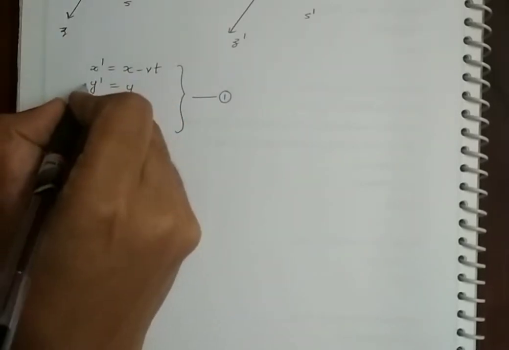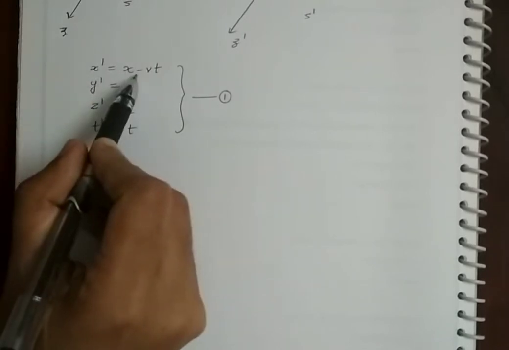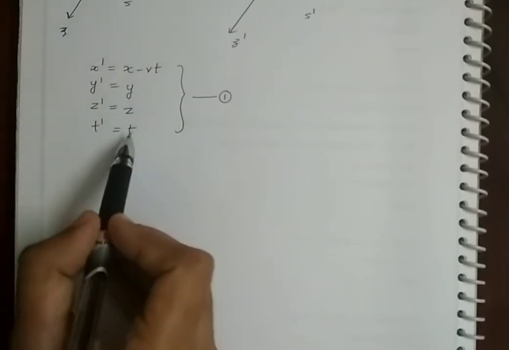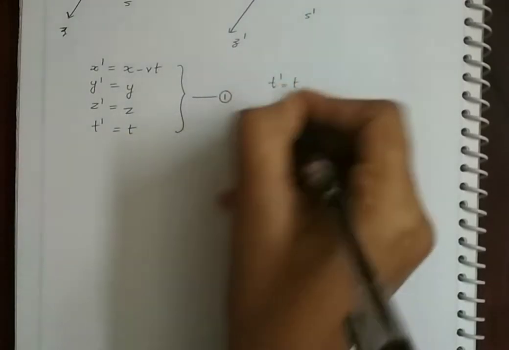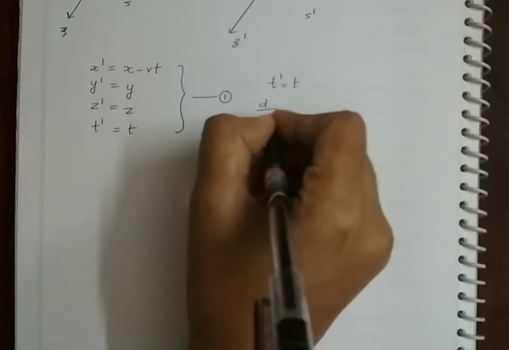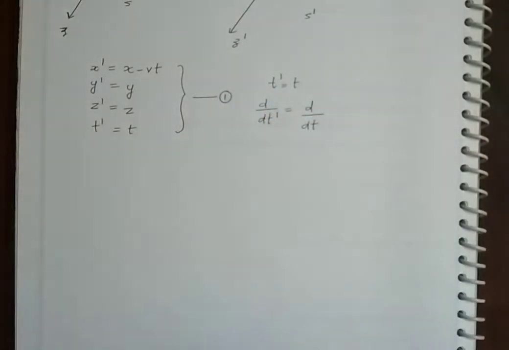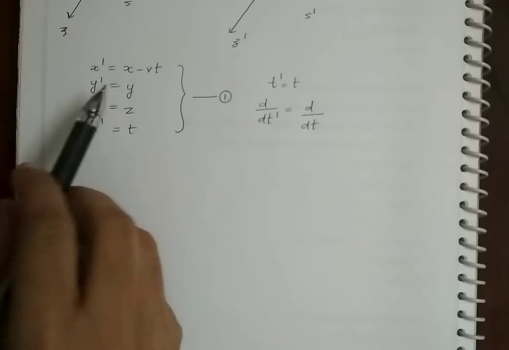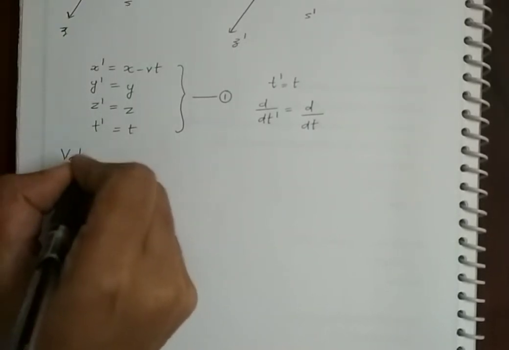In this frame, you have to take the derivative with respect to t prime, and in the S frame, with respect to t. But since t prime is equal to t, the derivative d by dt prime is also equal to d by dt. Now, we are moving to the velocity transformation equations.